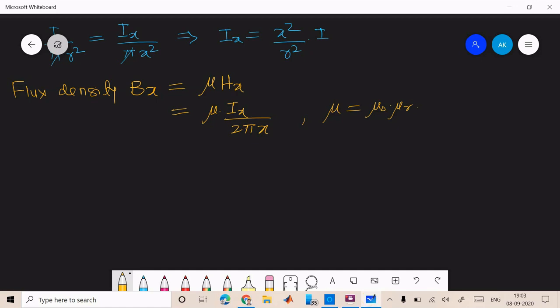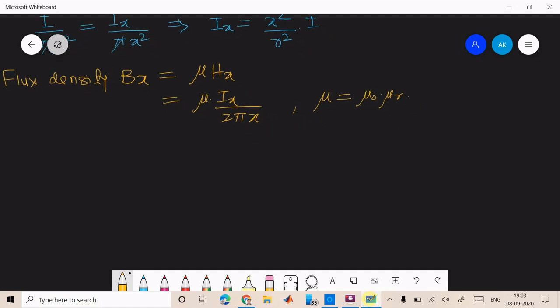So right here, mu and Ix in terms of I, it is x square by r square into I and 2 pi x.